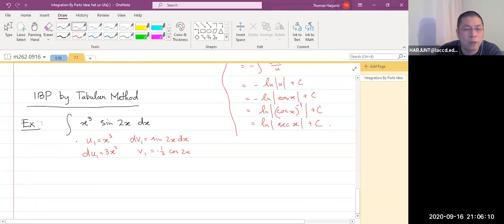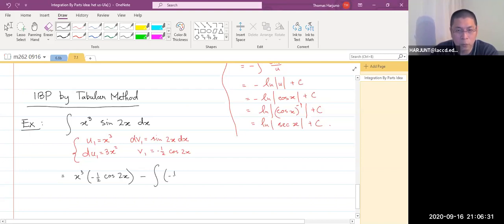Such that after this first integration by parts, I will get x cubed times negative 1/2 cosine 2x minus integral of phi du, negative 1/2 cosine 2x times, I should have dx here, 3x squared dx.